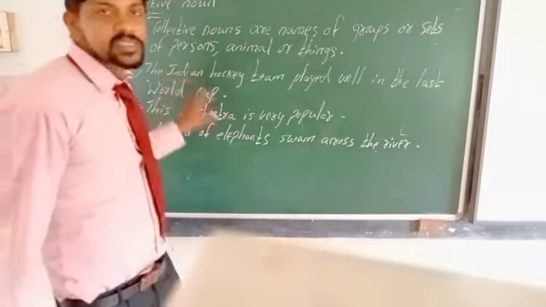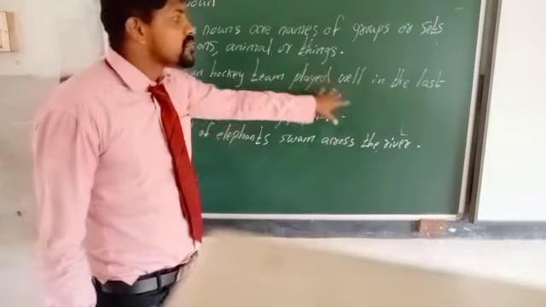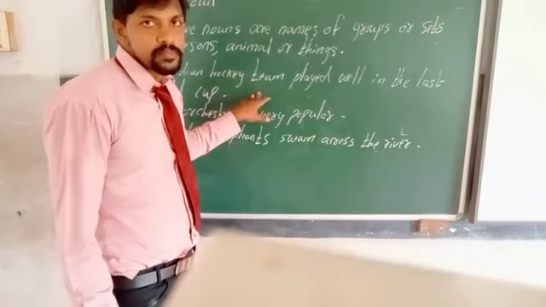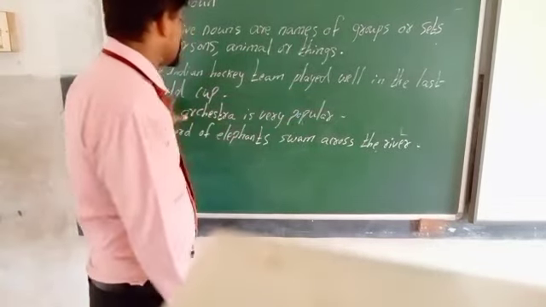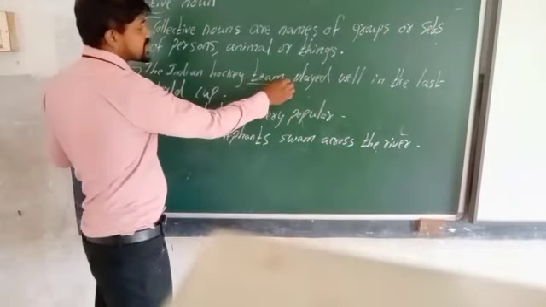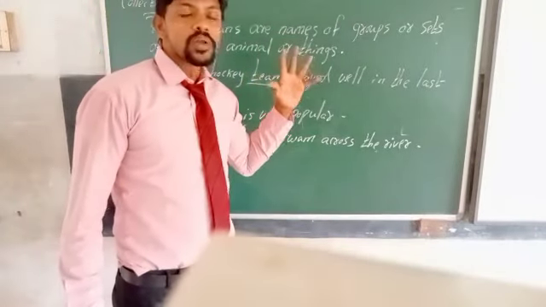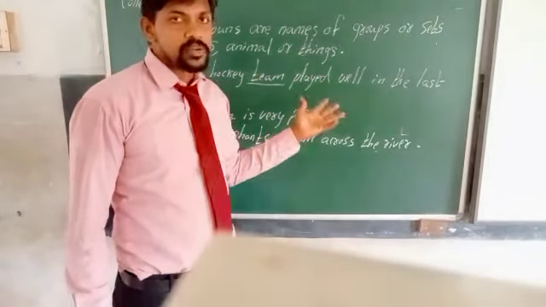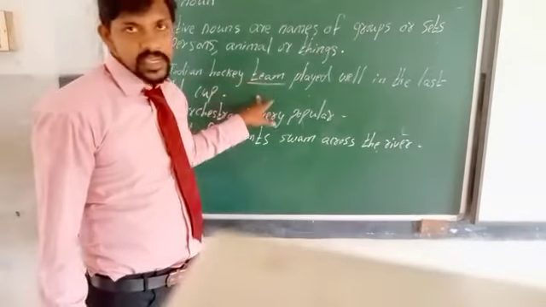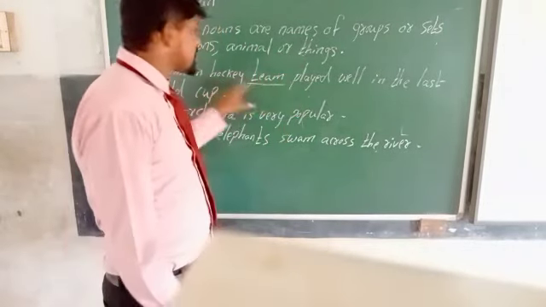Look at this example. The Indian hockey team played well in the last World Cup. Here, which one is the collective noun? Team. Team means more than 5 persons. If there is only one person, we won't say team.